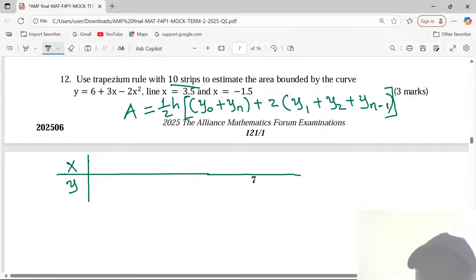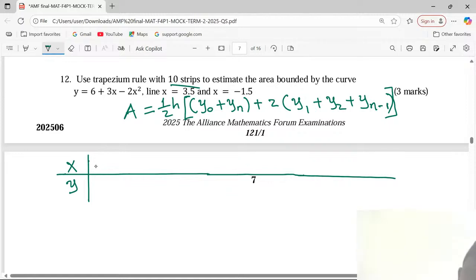That's what I wanted you to take seriously. From negative 1.5 to 3.5, using 1 unit interval, we shall have 5 strips. So for us to come up with 10 strips, according to the instructions, we should shorten the intervals.